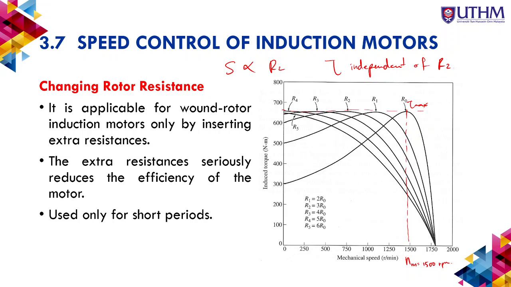Then when we increase the value of R, for example over here R1 is equivalent to R2, we increase R and we increase the slip. Please remember that the slip over here is equal to 0 and this is equal to 1, because this is Nm equal to 0 and this one is Nm equal to Nsync.